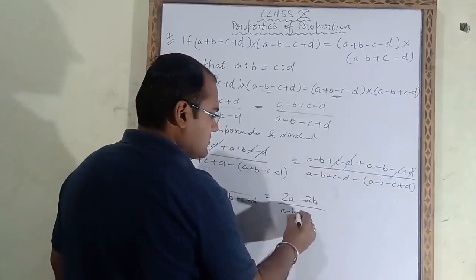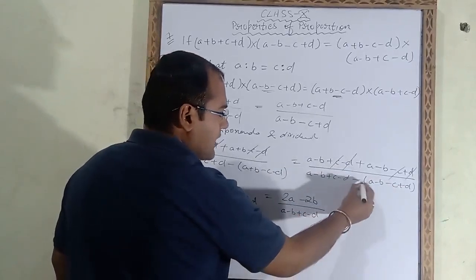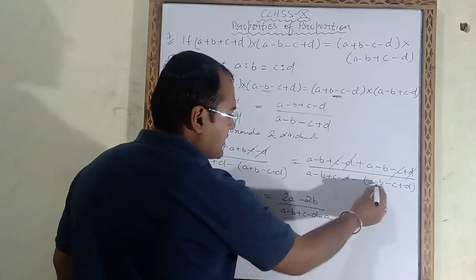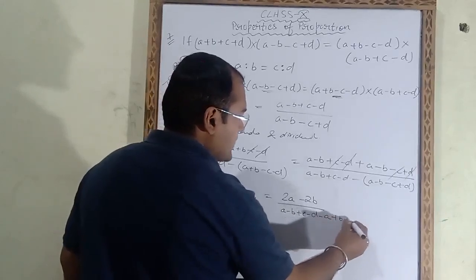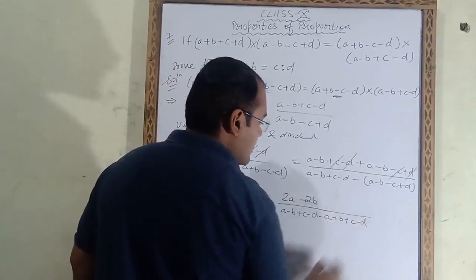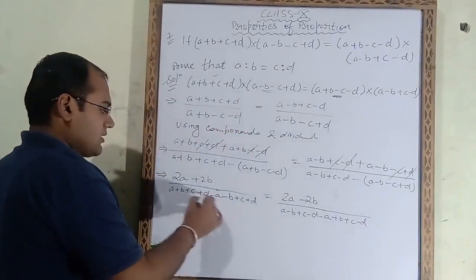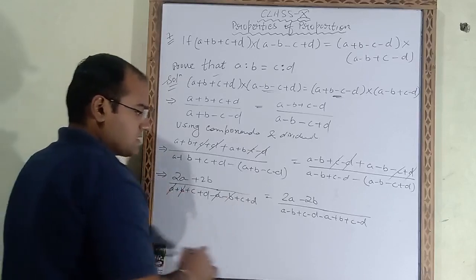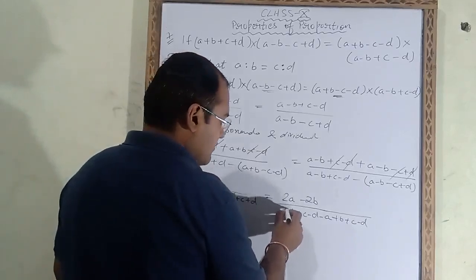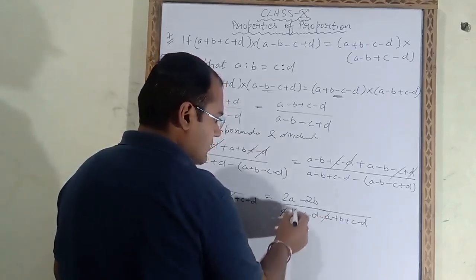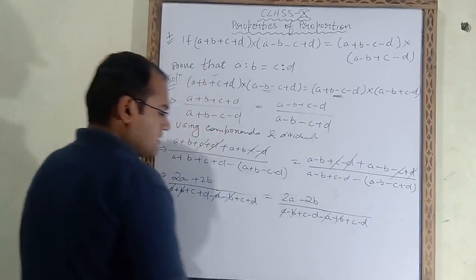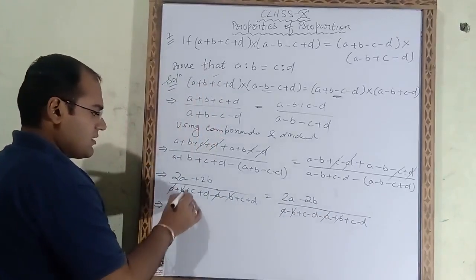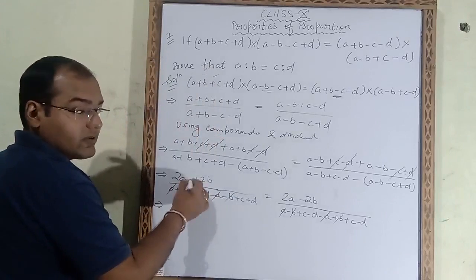So a minus b plus c minus d minus, plus minus a, minus minus plus b plus c minus d. Now plus a minus a will get cancelled, minus b plus b will get cancelled. Now on solving it, 2 common we will take.